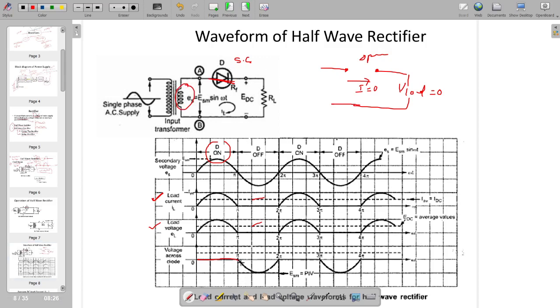We can see the negative half cycle appears across the diode. It is treated as the peak inverse voltage. The voltage appearing across the diode in the reverse bias condition is treated as the peak inverse voltage. So during the negative half cycle the diode is off, and during the positive half cycle it is on.